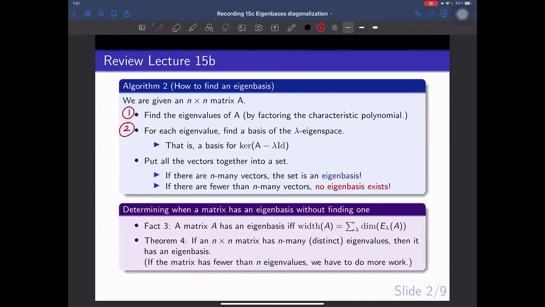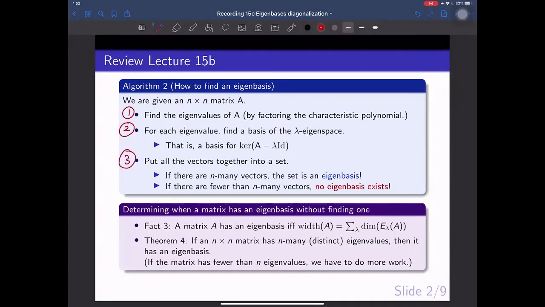This is the same as finding a basis for the kernel of the matrix A minus the eigenvalue times the identity matrix. And then we put all vectors together from the second step into one set. If there are the same number of vectors as the width of A, then that set is an eigenbasis. If there are fewer than n vectors, then no eigenbases exist for that matrix.